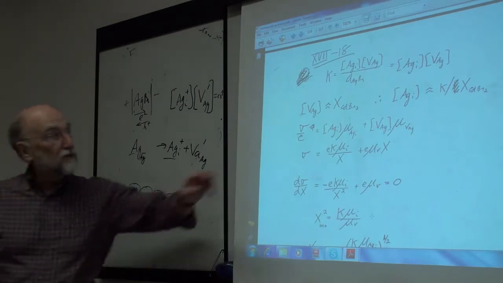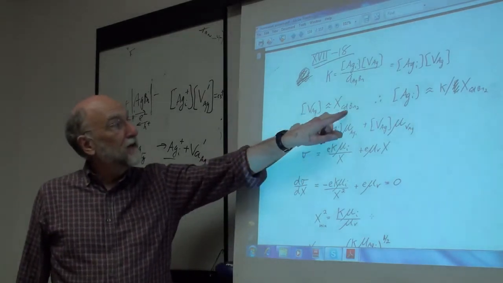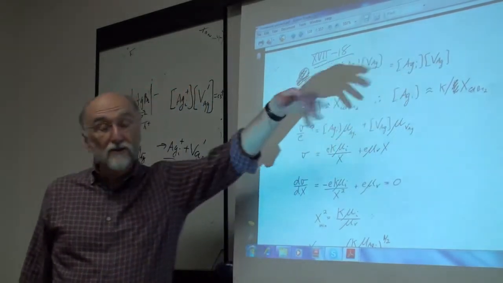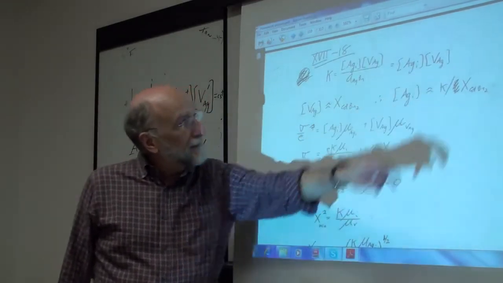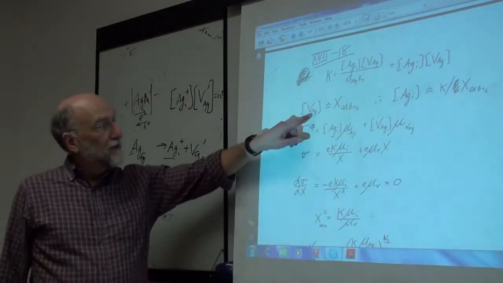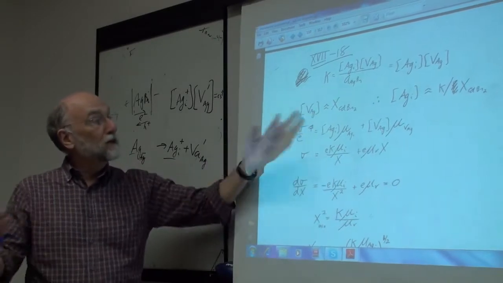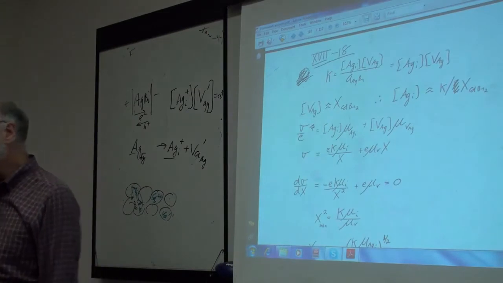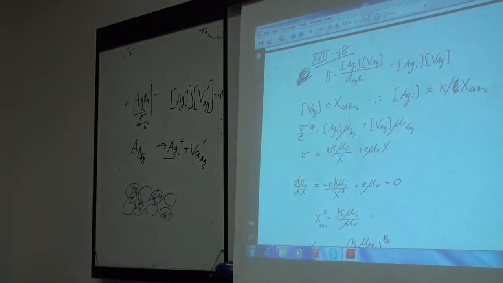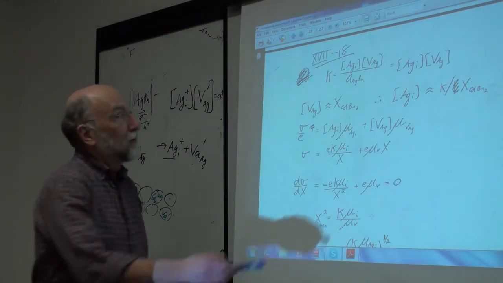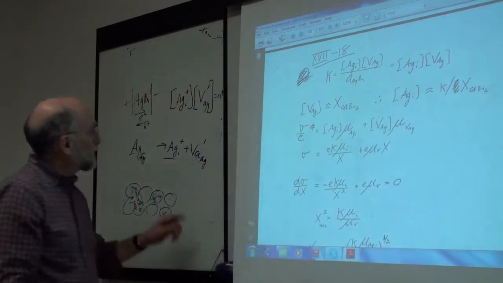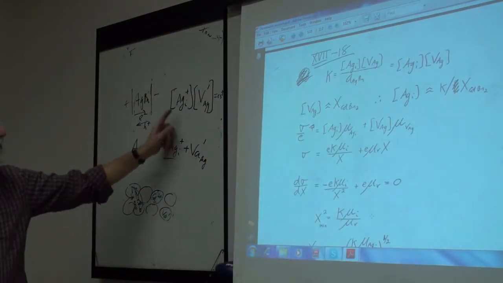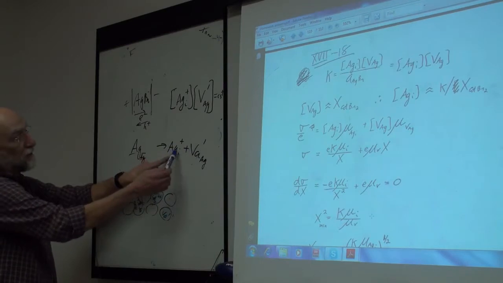If the concentration of cadmium bromide is much larger than the intrinsic concentration of the vacancies, then the number of extrinsic vacancies is much greater than the number of intrinsic vacancies, and the number of vacancies is pretty well determined by the mole fraction of cadmium bromide. The product, however, is still constant, because the product of the two concentrations is still the probability that the two are going to find each other.